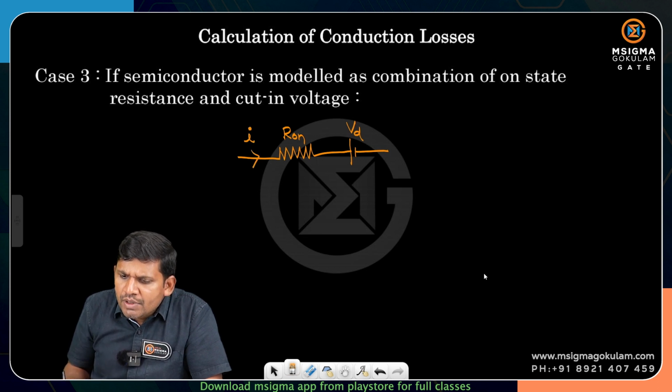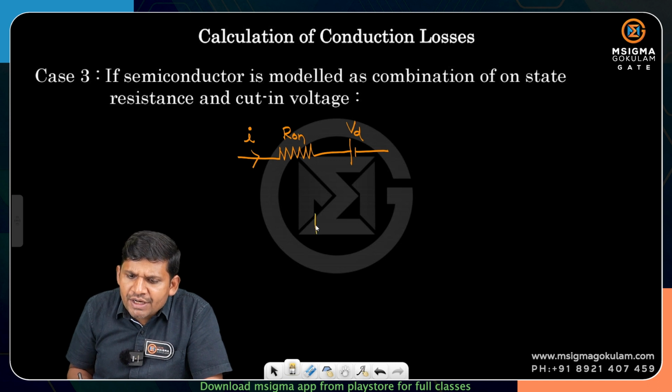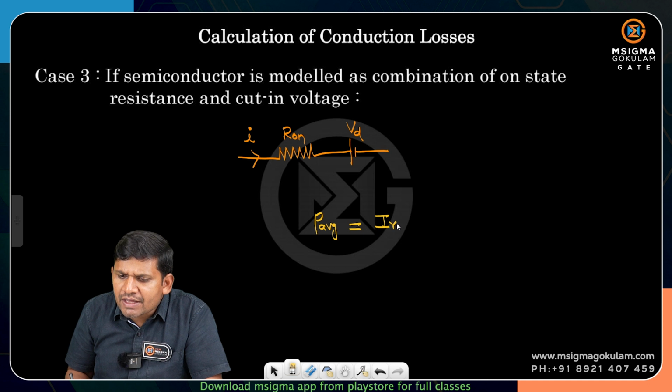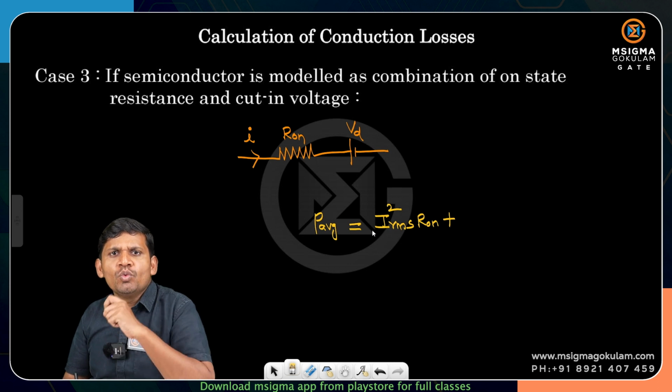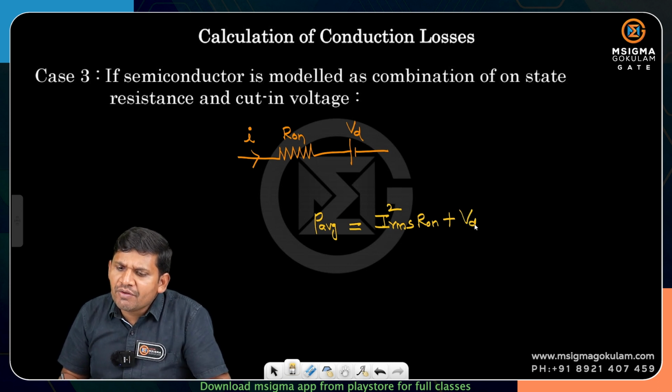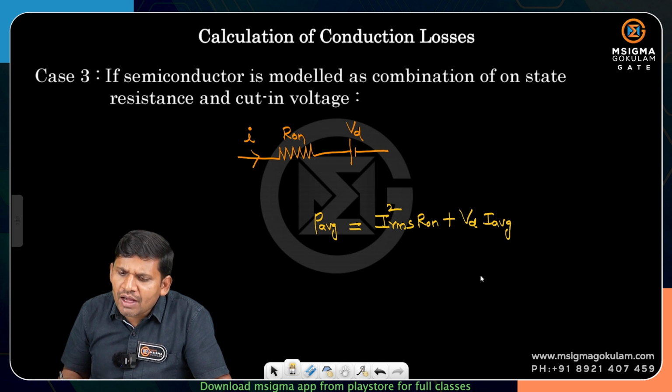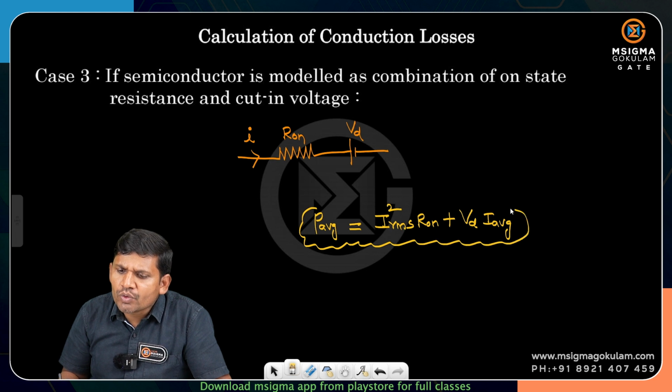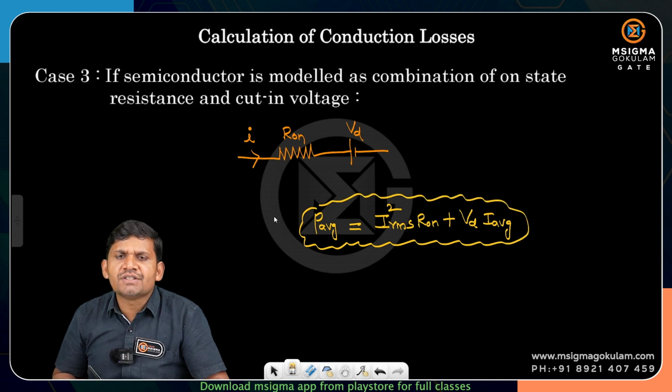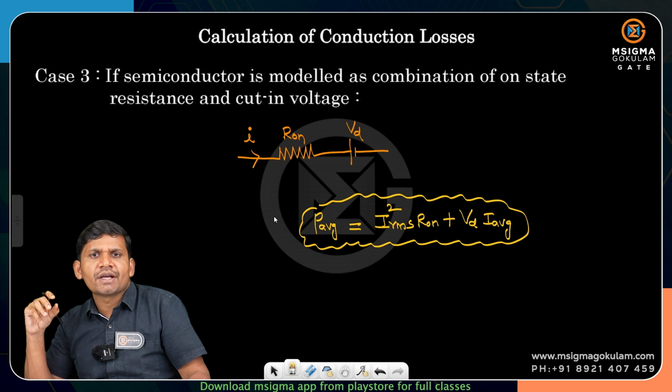You already know, for the on-state resistance you use IRMS, that is IRMS square into R on. With respect to the voltage drop, you multiply with the average current, Vd into I average. If both are given, you can use these formulas combined. These observations are important with respect to conduction losses.